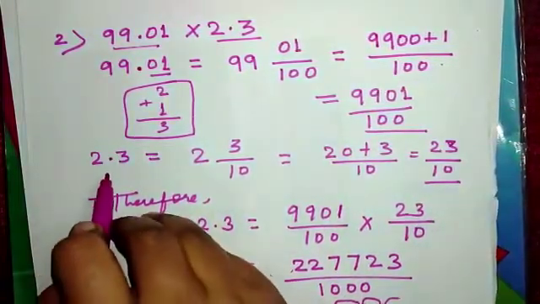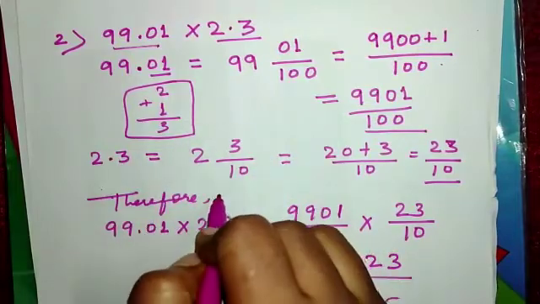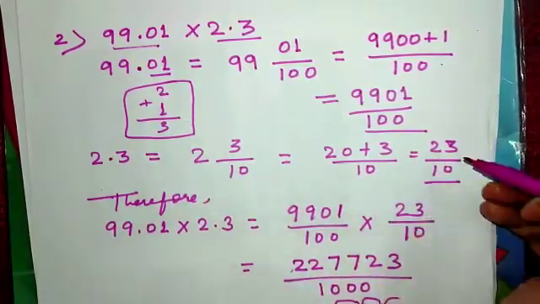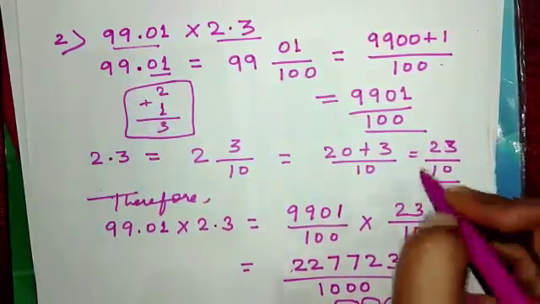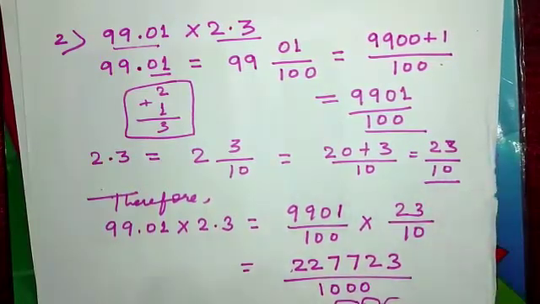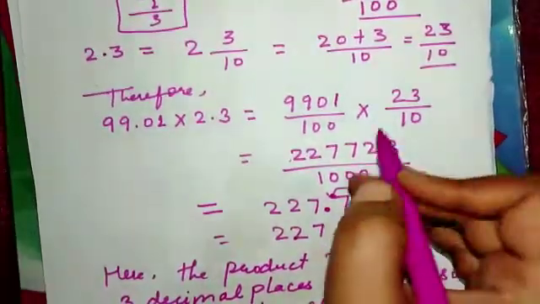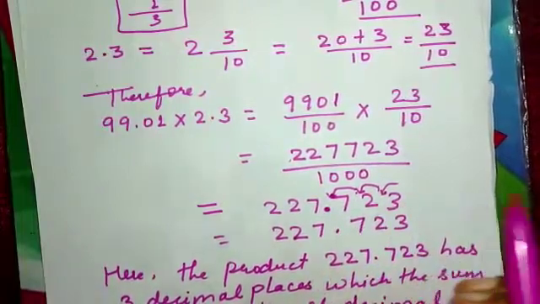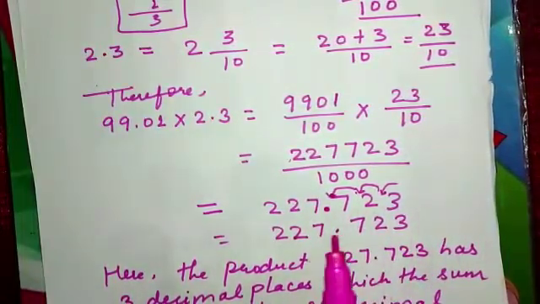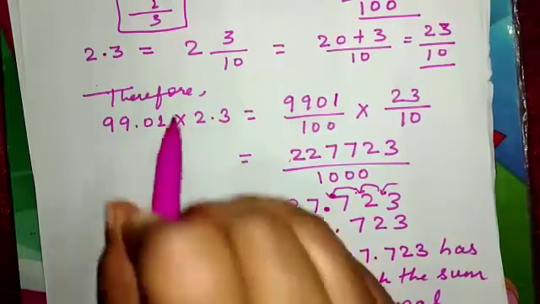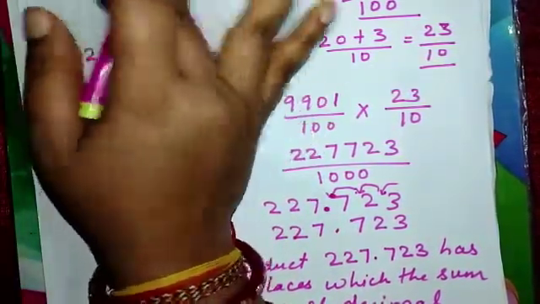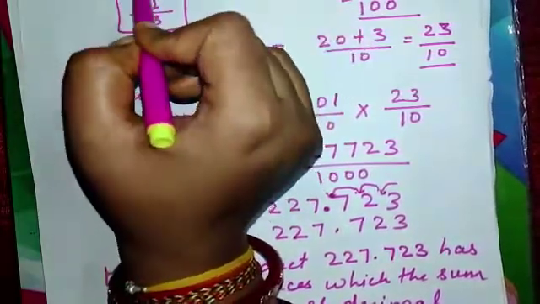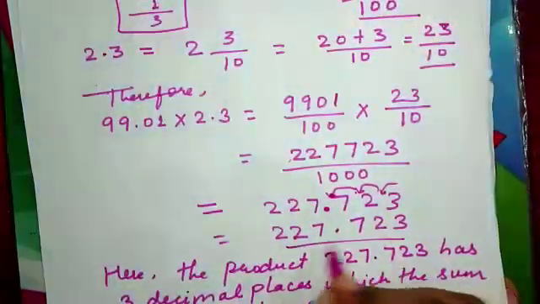Then take the next number, convert it into a mixed fraction, solve it in the fractional part, then do the multiplication in fractional form. Then you will get one answer. Then last, in the answer you have to put the decimal. Calculate the decimal places in the question, then put it in the answer.